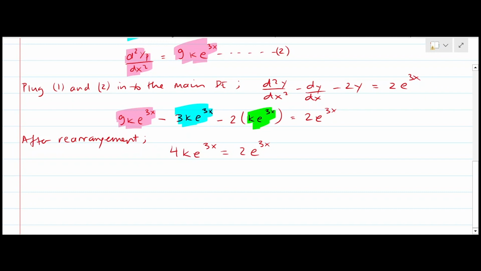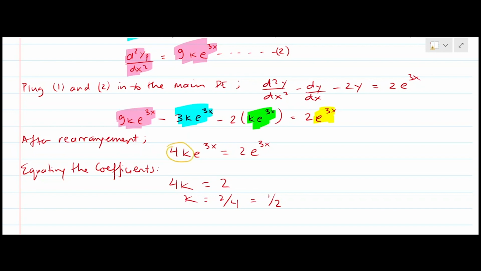By equating the coefficients of e to the 3x, we can see that 4k equals 2. This means k equals 2 over 4, which equals a half.